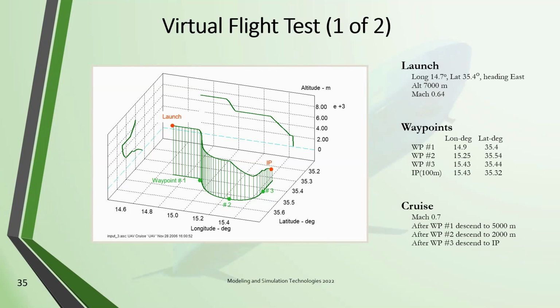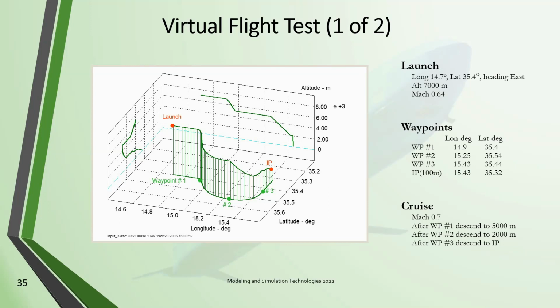So it first holds the altitude, and then after waypoint 1, it drops down, flies through waypoint 2, drops down further, flies through waypoint 3, and goes into the IP.